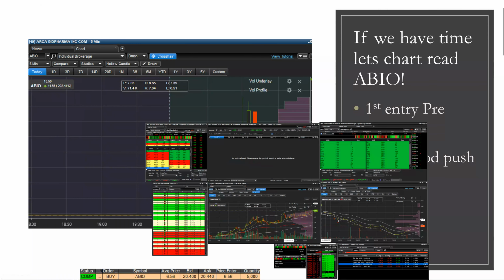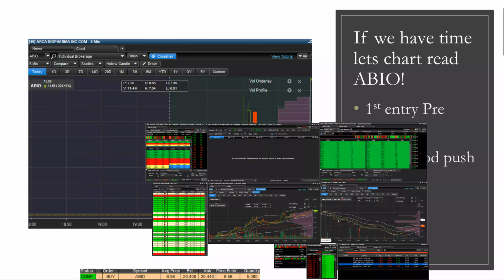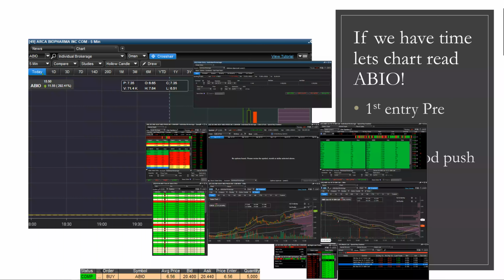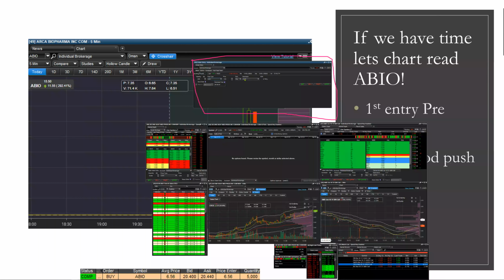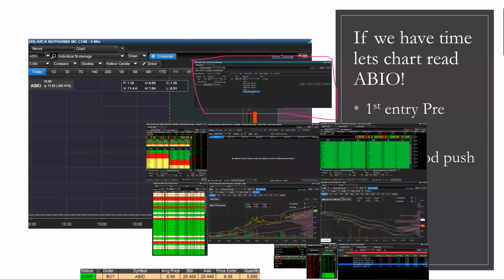So if you have E-Trade, I'll show you on this order entry. So if you want to zoom in on the screen, we're going to be right here. If you wanted to place an extended hours order, you'd have to put in this extended hours.